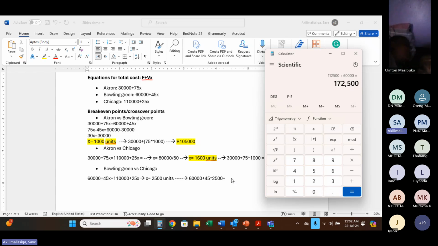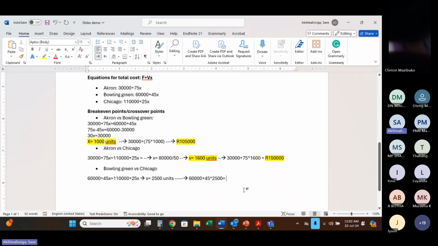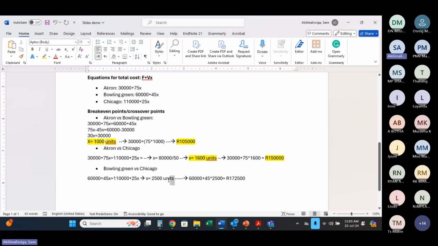That gives us 172,500 rand. So this is the crossover point, or the point at which Bowling Green and Chicago cost lines will meet. And this is also the cost at that point.